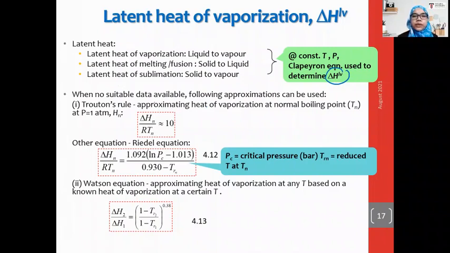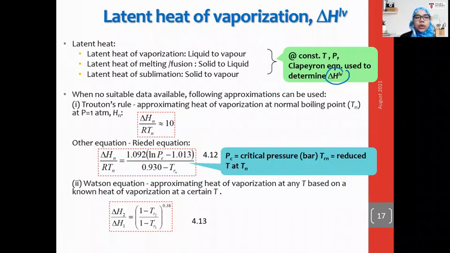Okay, when no suitable data is available, the following approximations can be used. If we don't have the data, we can refer to Trouton's rule, approximating the heat of vaporization at the normal boiling point Tn, at P equal to 1 atmosphere. Another equation is the Riedel equation, which is based on the critical pressure at the normal boiling point.